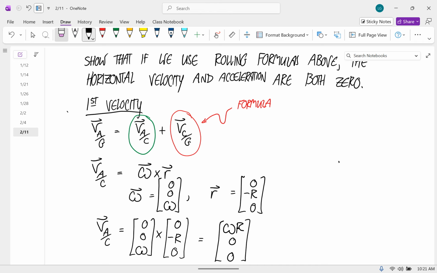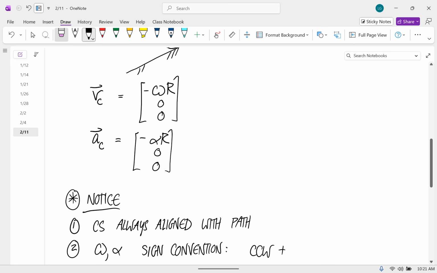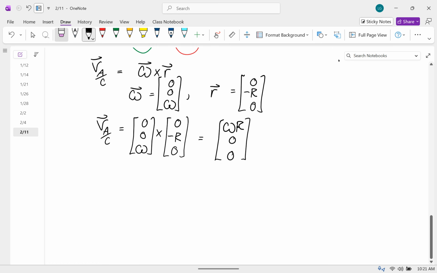The velocity of the center relative to the ground is just this. So the velocity of A relative to the ground is omega r, 0, 0, plus negative omega r, 0, 0.